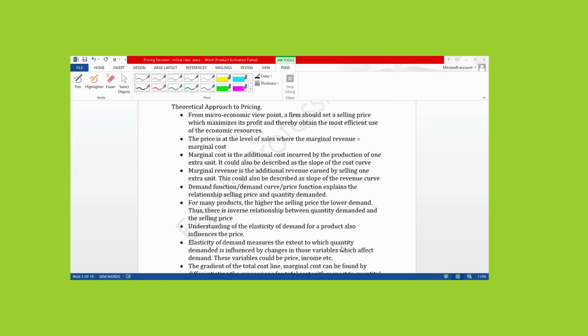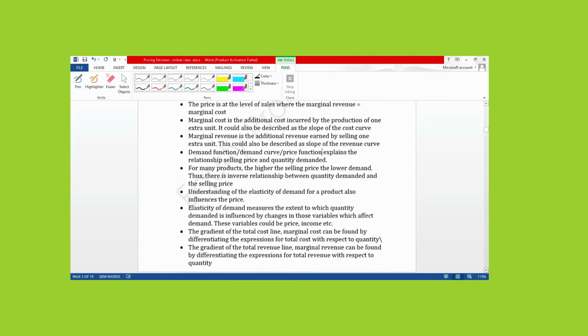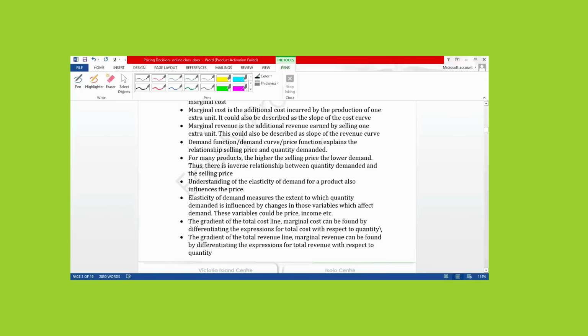Now, why are we interested in the price function? Your price function is a component of total revenue. Before you can get your marginal revenue, you must get your total revenue first.